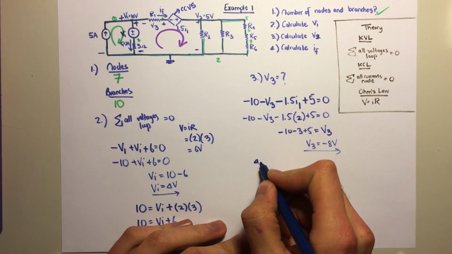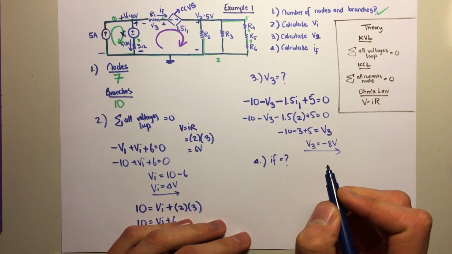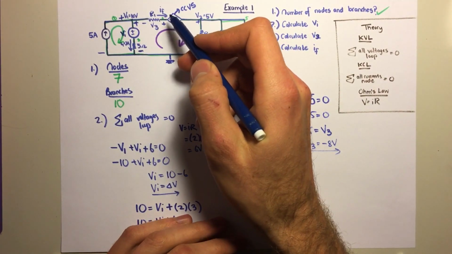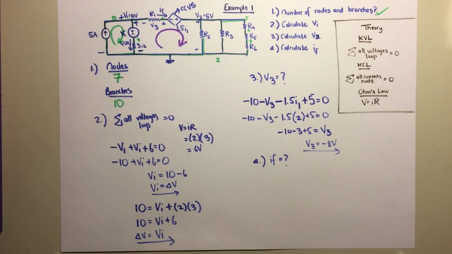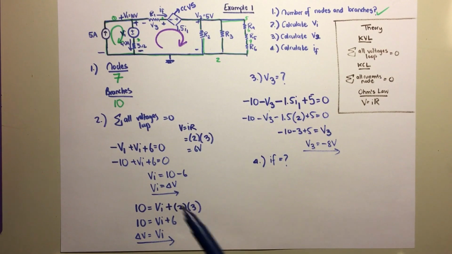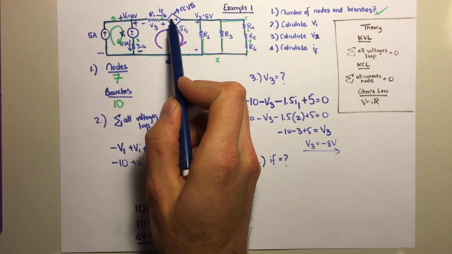Okay, fourth question. Want to calculate IF. IF is the current over here. So if we use currents, then we say that the sum of all the currents in a node is equal to 0. So it would make sense to use KCL because we have IF here.